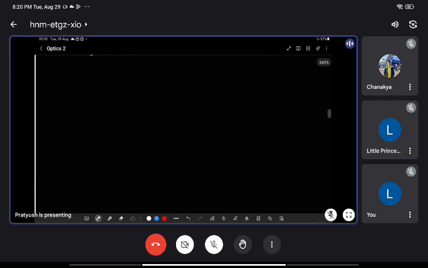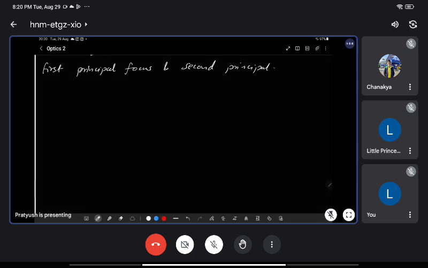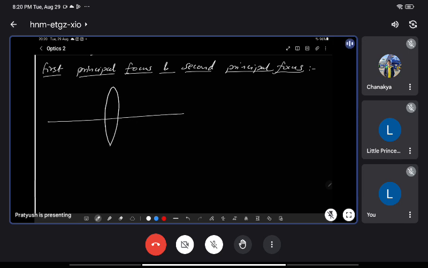Okay, now next is first and second principal focus. Let us understand it with the help of ray diagrams. If it is a lens, this is its principal axis. What is the first principal focus?